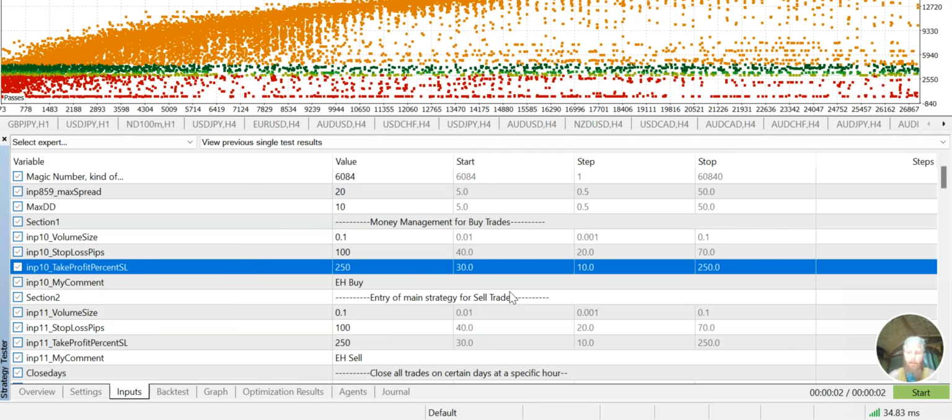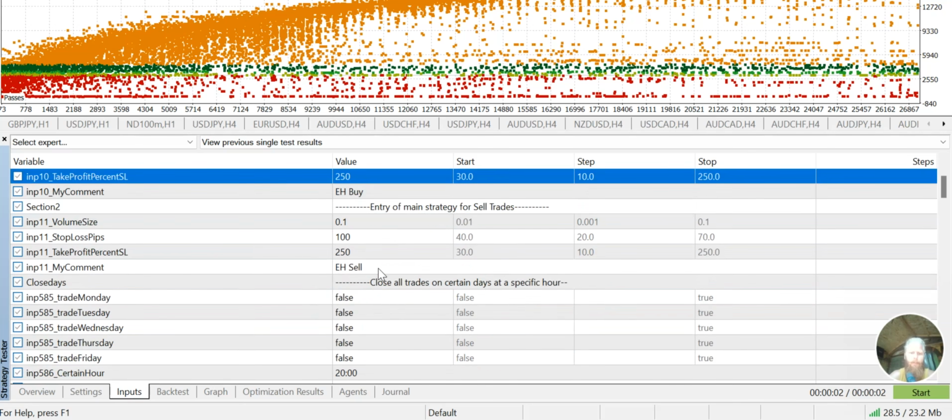But most of the time, of course, the dynamic exits are going to be in place that are going to close your trades. So it is a mix between a good risk to reward ratio, but also a higher win rate than usual for this kind of risk to reward ratio.